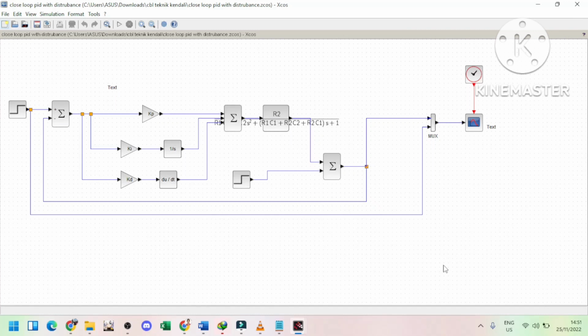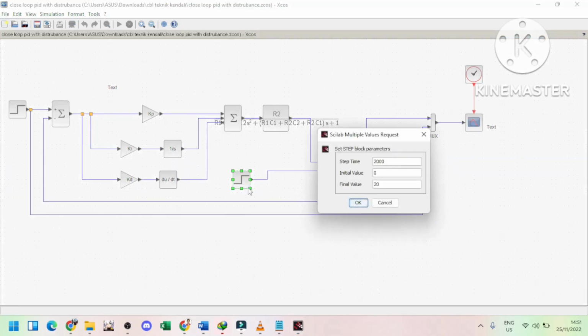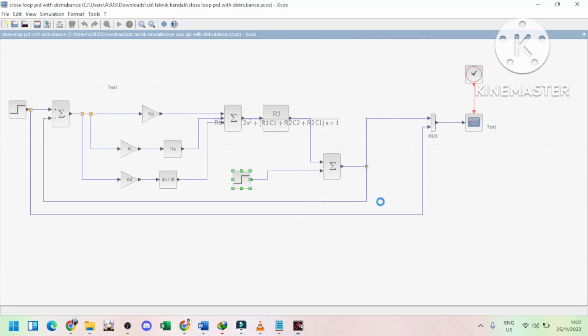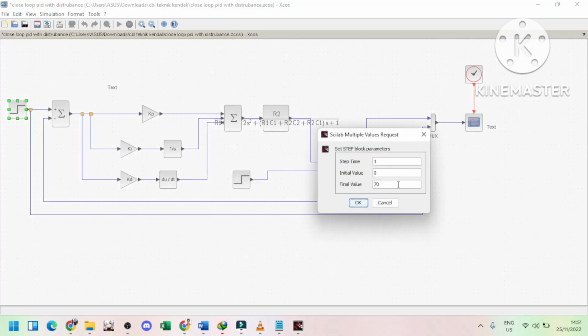Here I will go into more detail about the topic that I discussed before. As I pointed out earlier, this is a form of the control system using PID that our group uses. In the system that we create, we insert a disturbance at the 2000 second with an additional value of 20, and the value we want is 70.